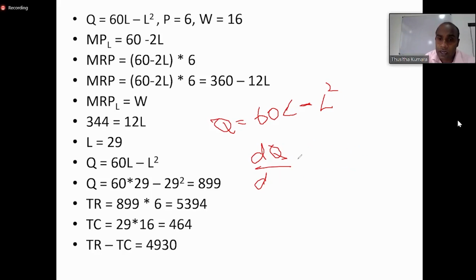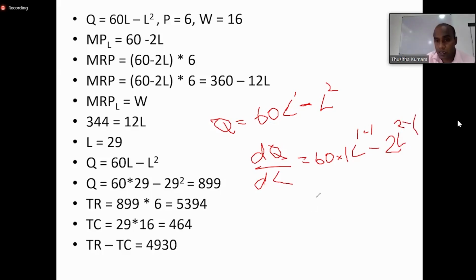Then, when we learn the derivatives, we learn that we can take this constant forward without doing any calculations, and then we have L power 1. Here 1 is there, we never care about that. So if you are worrying, you can put 1, L power 1 minus 1, and we can take the 2 forward, 2L power 2 minus 1.